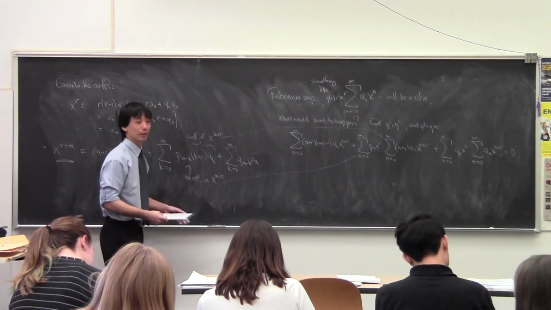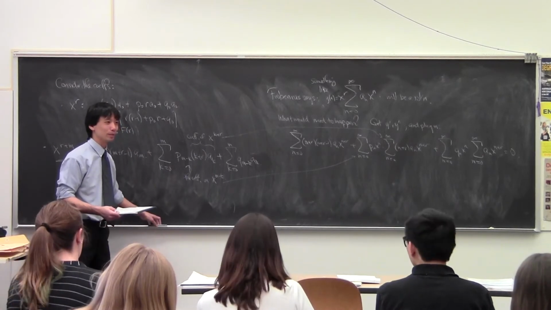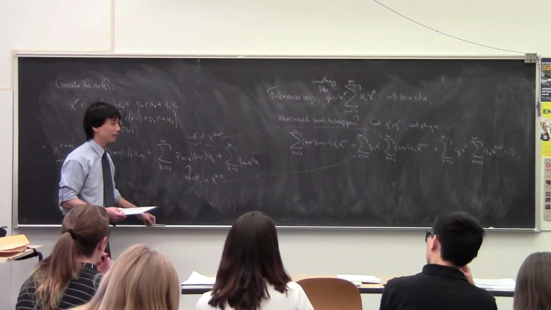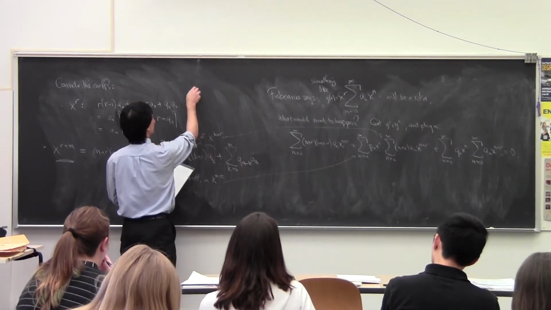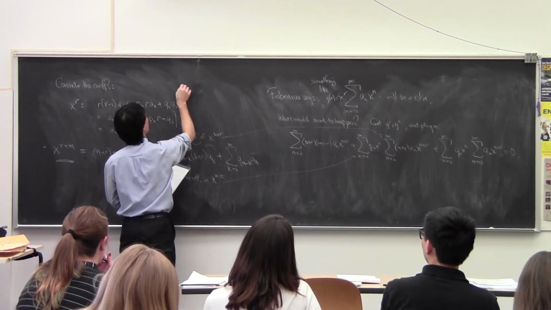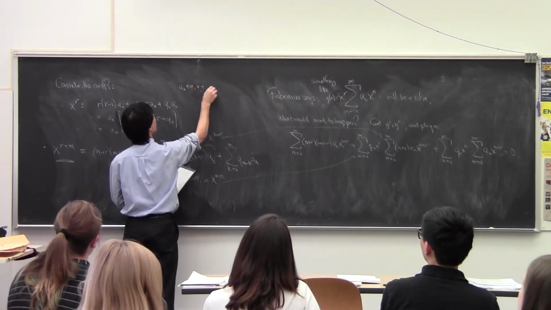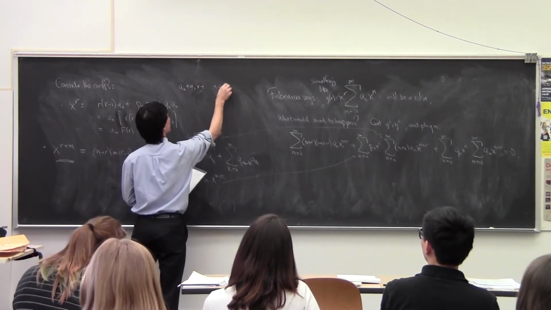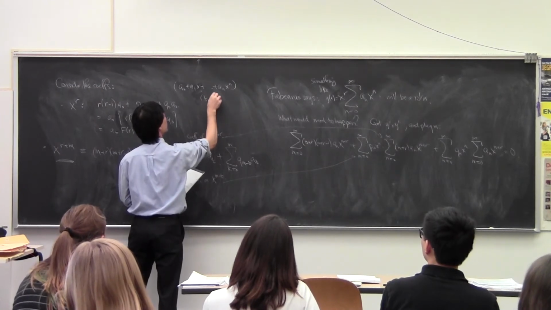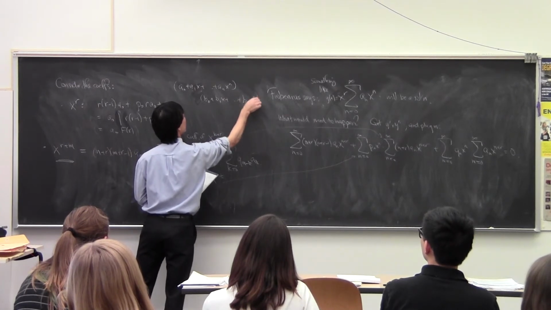This is basically an exercise in combinatorics or something like that. You have two polynomials, a naught plus a1 x plus up to a n x to the n, and b naught plus b1 x plus up to b n x to the n.